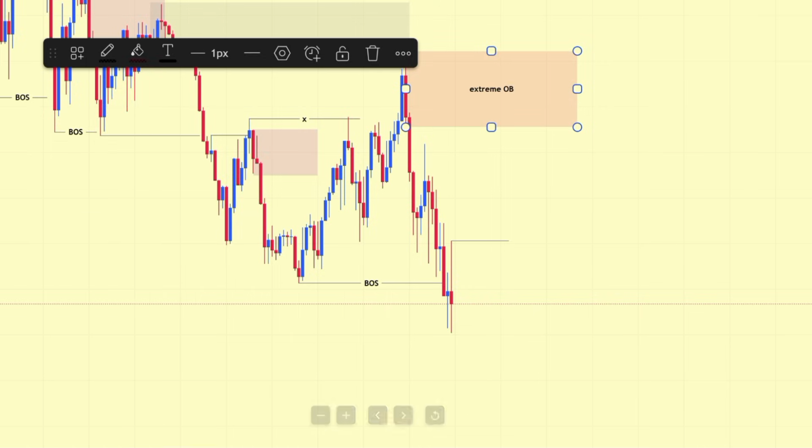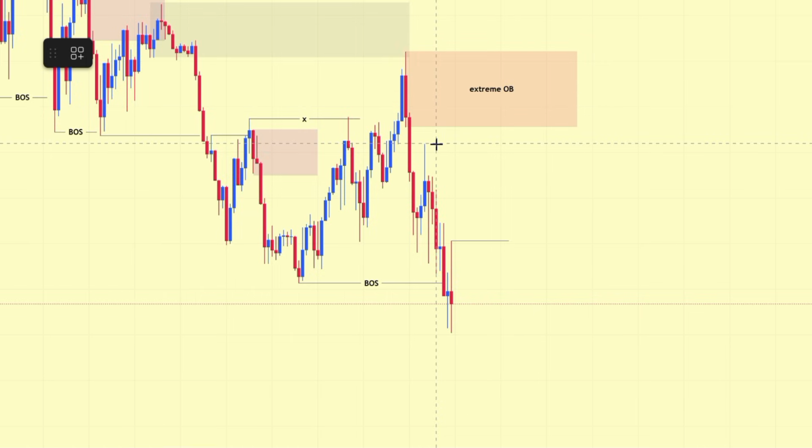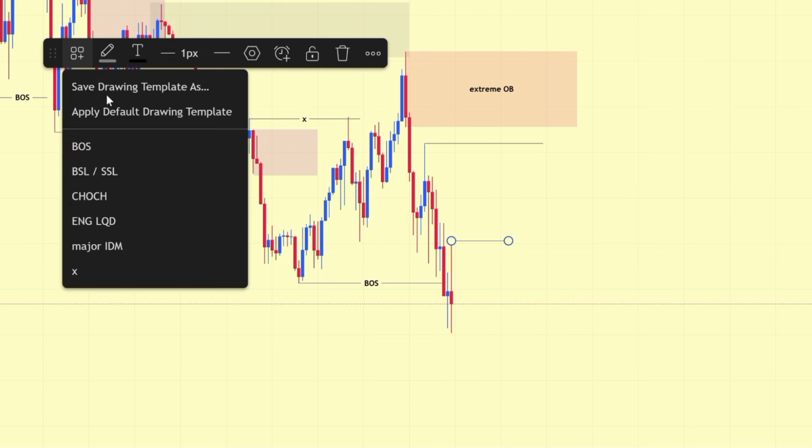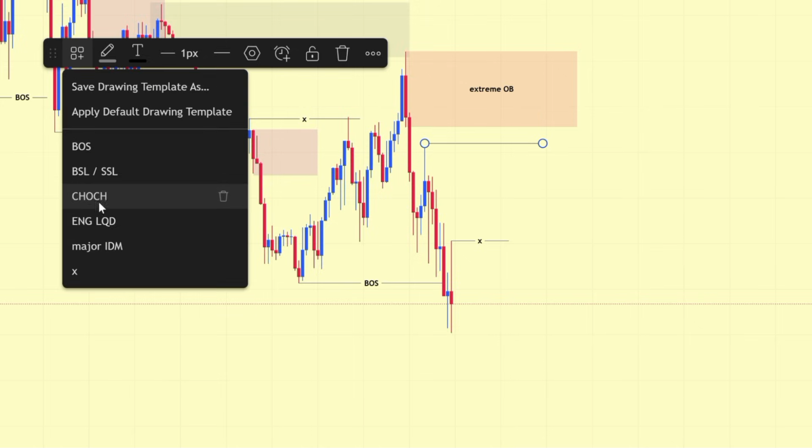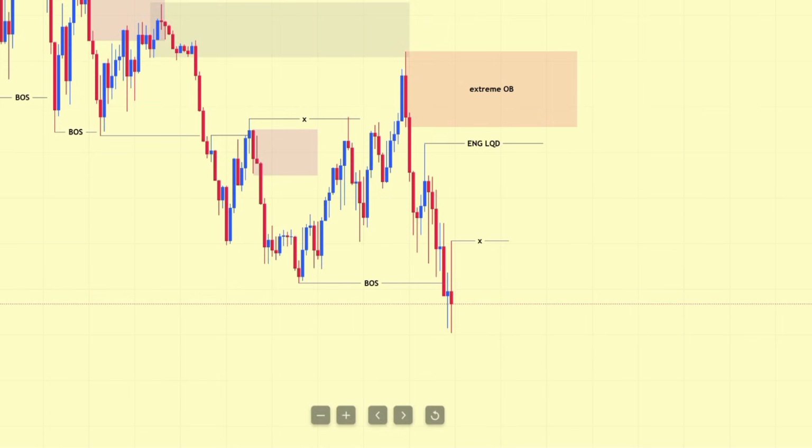So this one here is the extreme bearish order block. And of course, this one here is what we call the engineering liquidity. Yeah, the decisional is not clear here, so it will be probably hidden or something like that. Okay, so this one here is what we call the inducement. And this one here is, of course, the engineering liquidity.